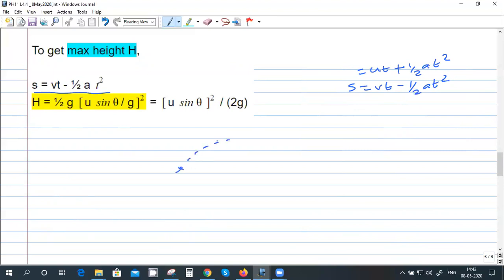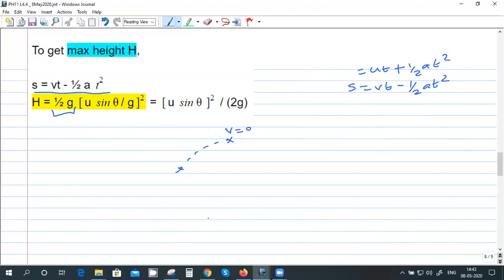from this point to this point, the distance traveled is h, and then the velocity at this point is 0, final velocity. So that's why the first term is going away, and then it's half at square, and a is minus g. So that's why it has become plus. And then t we already found out.